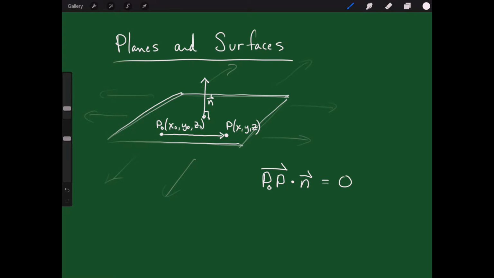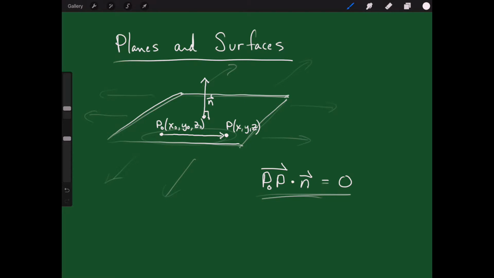Why do we get out 0? Because we can see that if we moved this vector right here over, this is exactly perpendicular to the vector n. And if I dot together two vectors that are perpendicular, I should get out 0. So we see that any vector in the plane dotted with a normal vector to the plane is going to give me 0. Okay, that should be helpful.